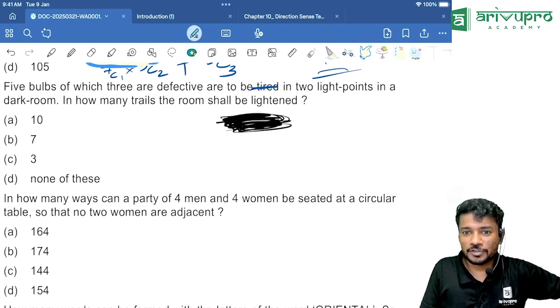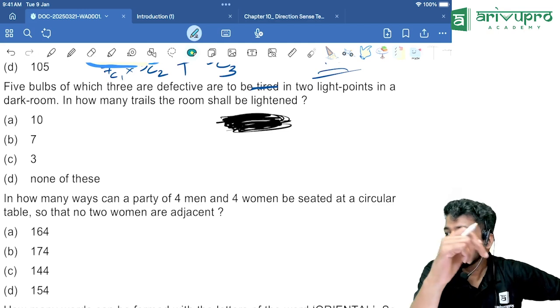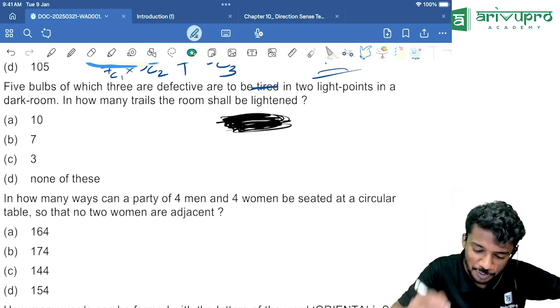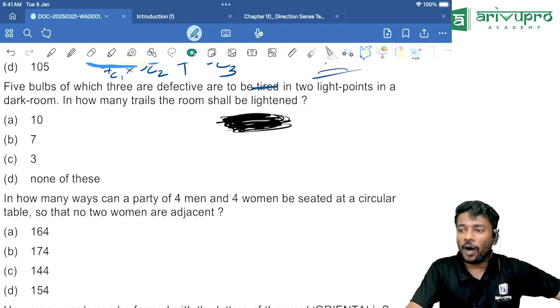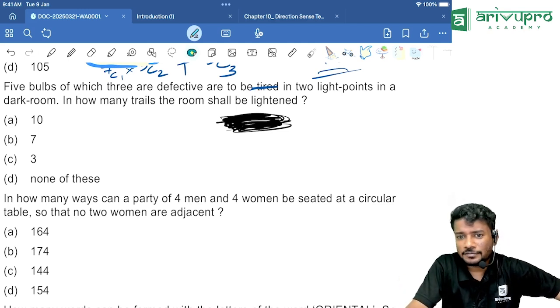What are the possibilities? Like 1 defective, 1 non-defective, or both non-defective. If both are defective, will it be lightened? At least 1 non-defective.